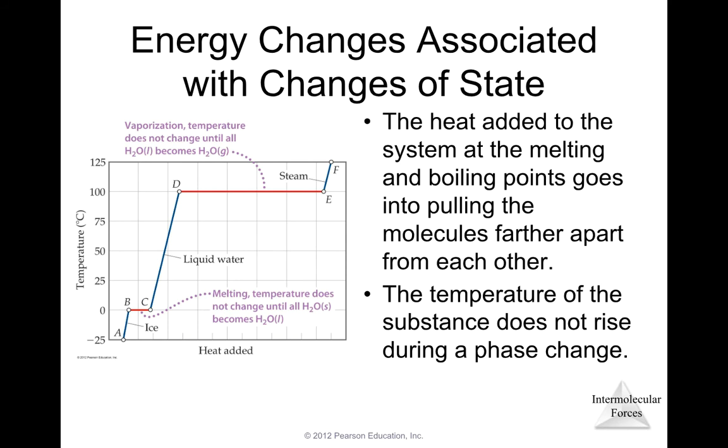And so the temperature is not going to go up until all of those water molecules have been vaporized and are now steam. And then steam can get really, really hot. So our temperature is going to continue to go up.